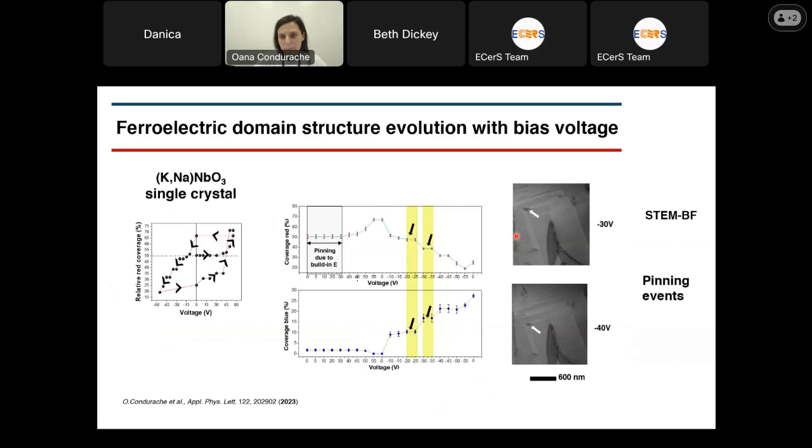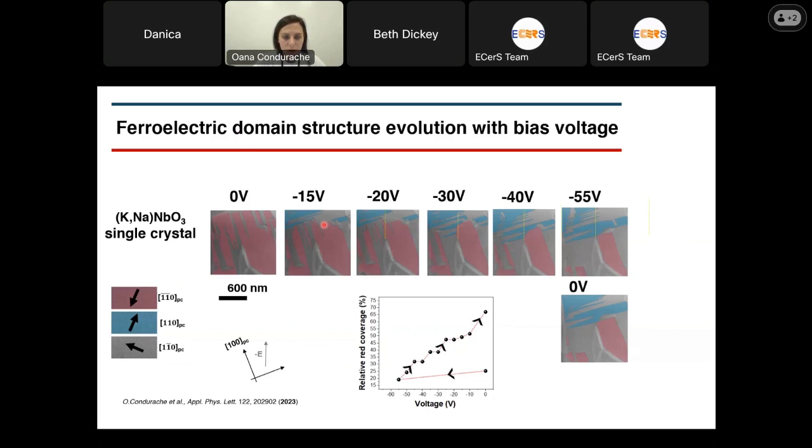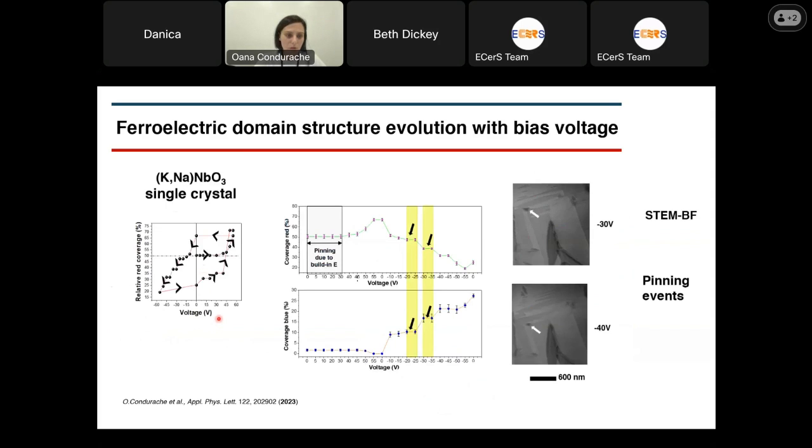If I plot the area of the red domains, which I know correspond to one orientation of the polarization, as a function of voltage, I get something that resembles a macroscopic hysteresis loop, and this is because the area is proportional to the polarization.